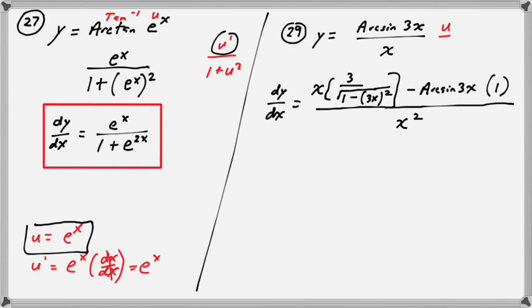I did a quotient rule, u over v: v u prime minus u v prime all over v squared. So pretty much it's just the quotient rule.